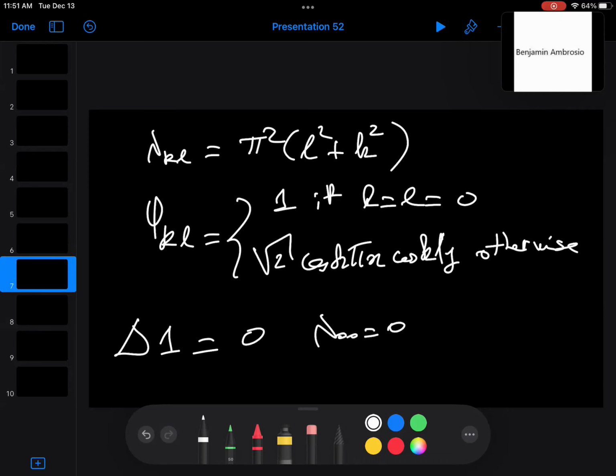And then you can order your eigenvalues. For example, I will put here lambda_01 equals lambda_10 is less than lambda_11.